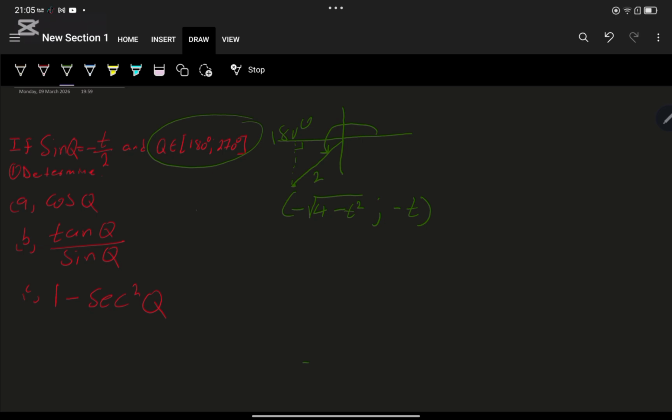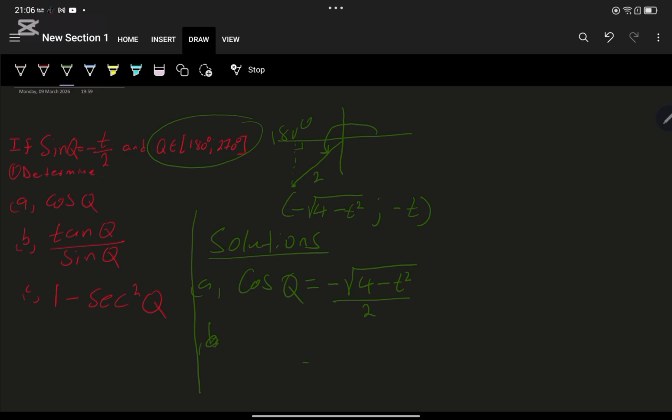So you simply write the solutions. cos q is equal to x over r. So our x here is negative square root of 4 minus t squared all over 2. So that will be the value of cos q.